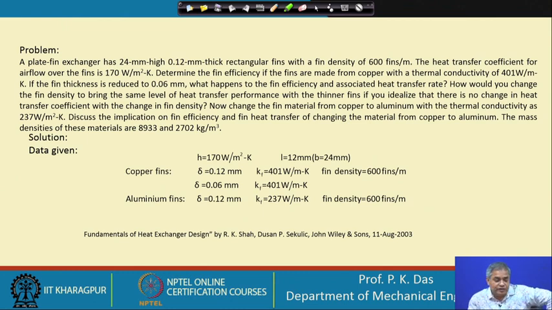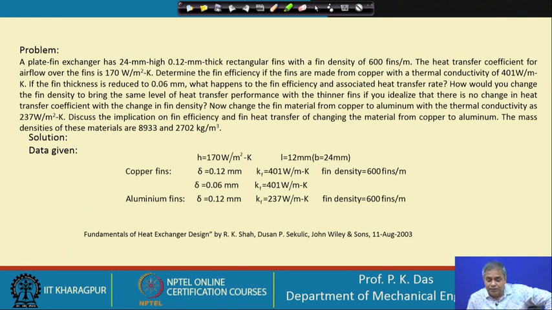The heat transfer coefficient for airflow over the fins is 170 watt per meter square Kelvin. Determine the fin efficiency if the fins are made from copper with a thermal conductivity of 401 watt per meter Kelvin. If the fin thickness is reduced to 0.06 millimeter, what happens to the fin efficiency and associated heat transfer rate? How would you change the fin density to bring the same level of heat transfer performance with the thinner fins, if you idealize that there is no change in heat transfer coefficient with the change in fin density?